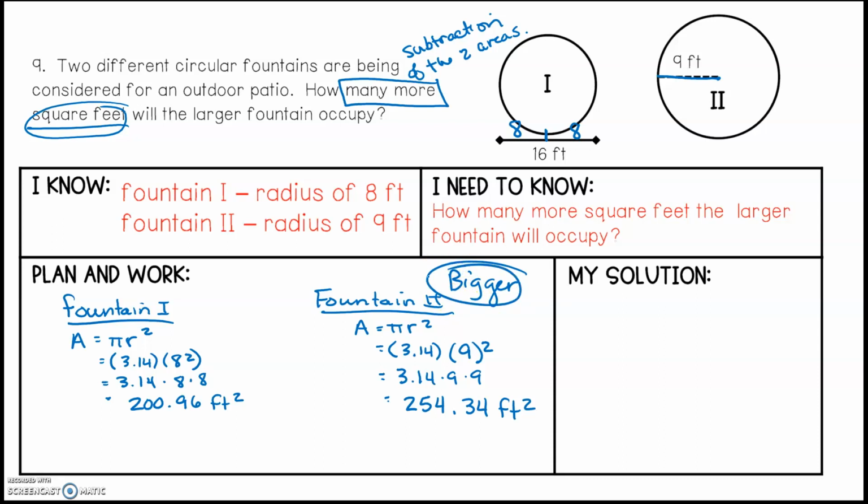but by how much? So I'm going to take these 2 areas and subtract them. How many more feet is fountain 2 than fountain 1? 200.96. Remember, when we add and subtract, we do line up our decimals.